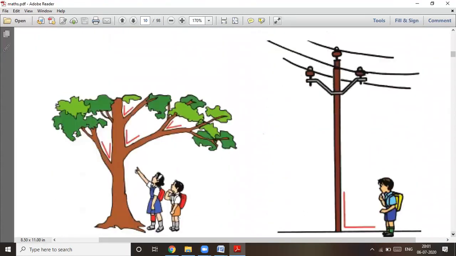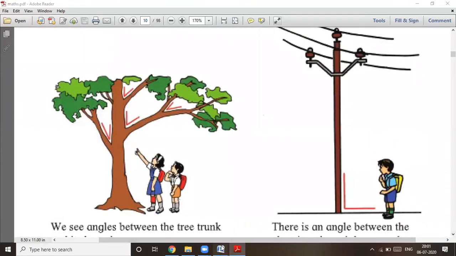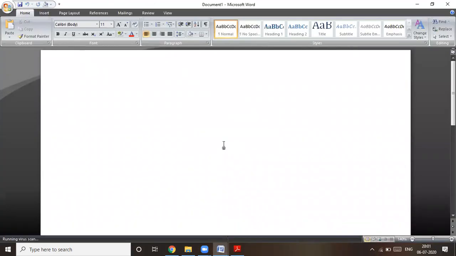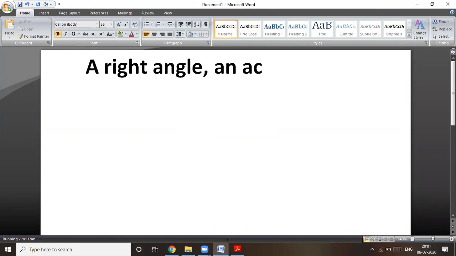Geometrical figures. So what we have seen. Let's have a recap here. So we have seen a right angle. Then we have seen an acute angle.